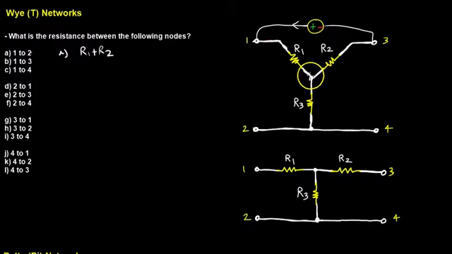With antennas and things of that nature, we're going to see later on in different courses, or you might see it yourself, there can be such a thing, but for now, for circuit analysis, as long as the loop is not closed, there is no current flow, and if there's no current flow, there's no voltage drop across that particular resistor that's open at one end. So here, there's going to be no current flow through R3, and therefore the current's going to go down R1 and R2. And again, the resistance would be R1 plus R2.